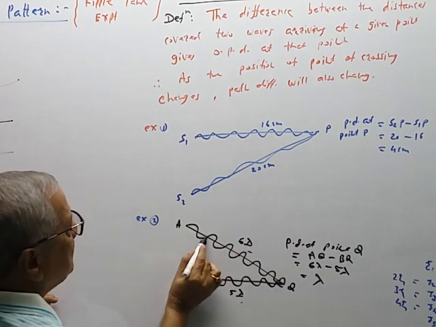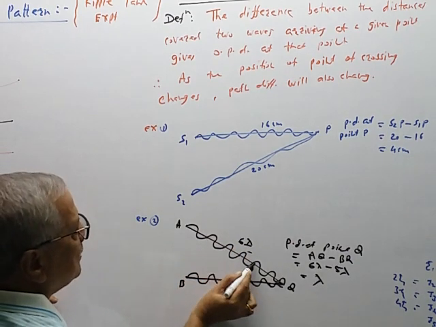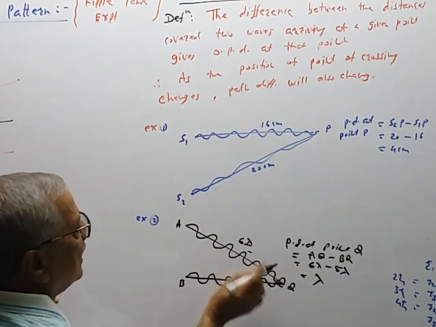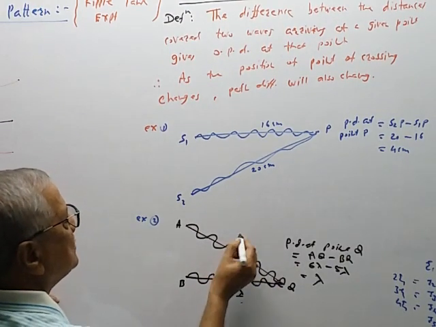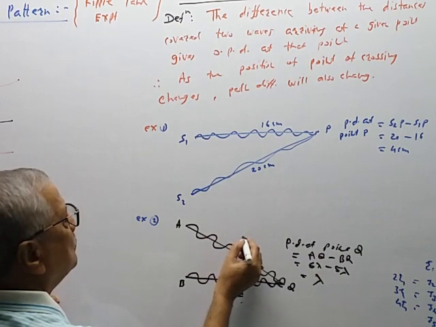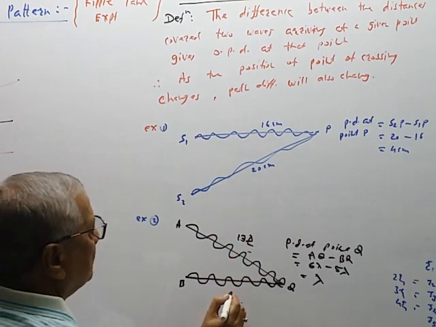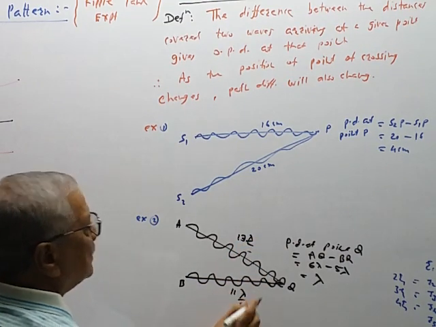One cycle complete means lambda, 2 lambda, 3 lambda, 4 lambda, 5 lambda, 6 lambda, and 6 and a half. Sorry, 6 and a half means this is equal to 13 lambda by 2 and this is 11 lambda by 2. So please make the correction.